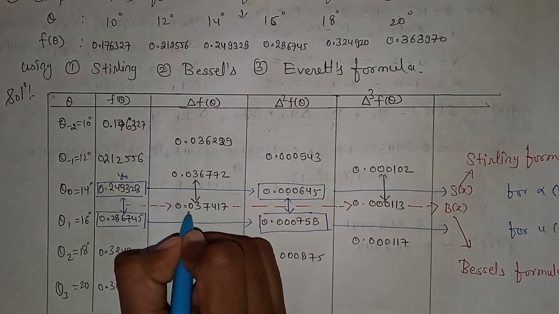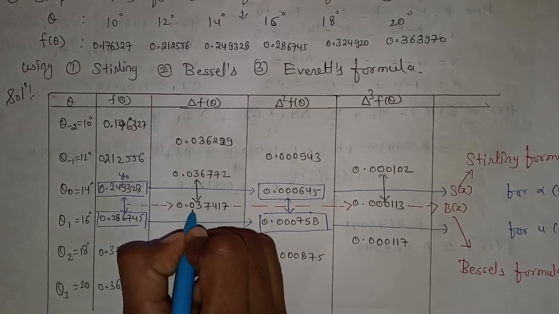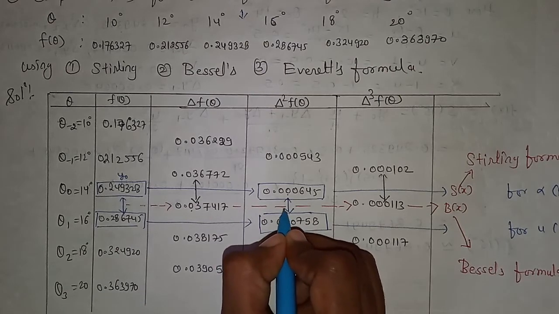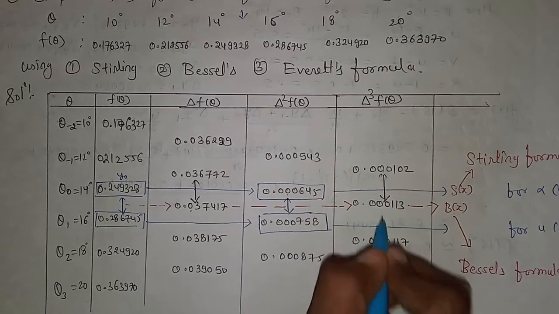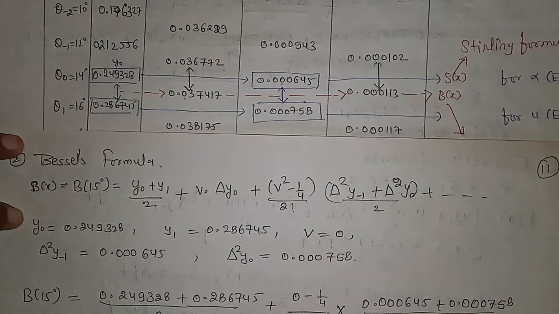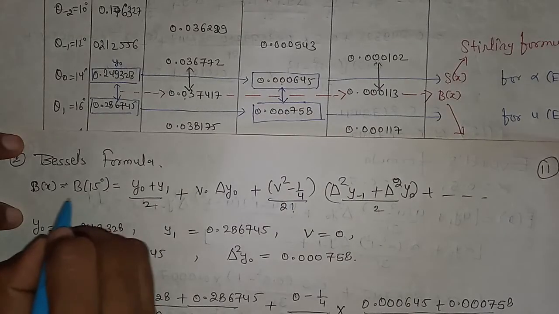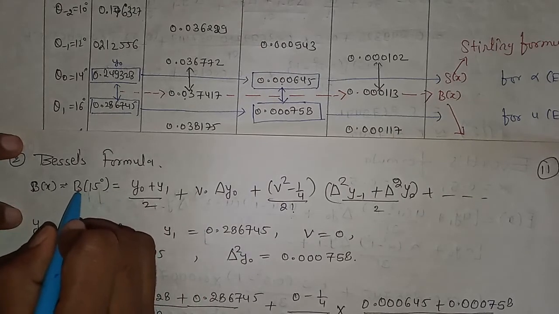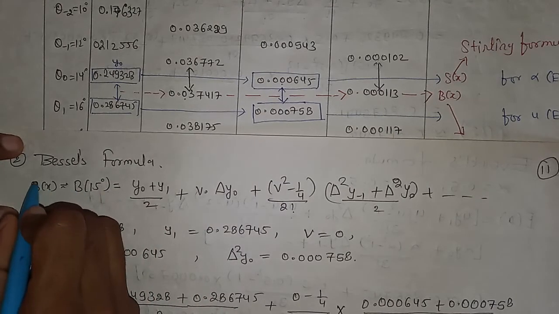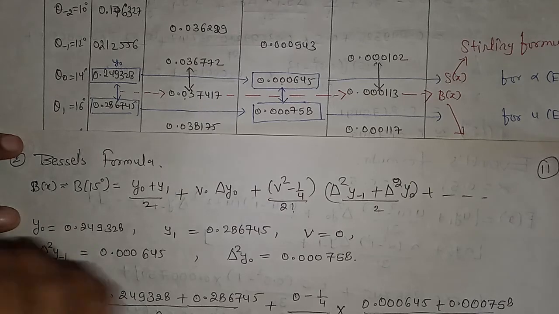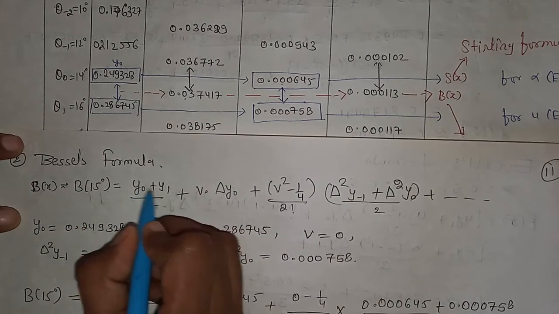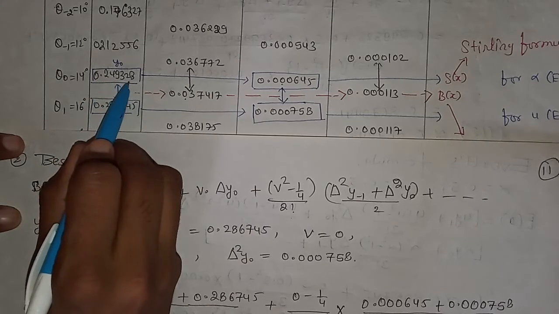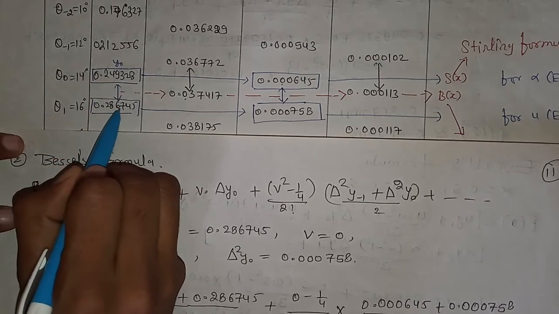So according to that, this will be your first difference. Then here adding these two and dividing by 2, this is our third difference. So here we have b 15 degree equal to, for Bessel we write b 15 degree, or you can write f of 15 also, there is no issue. The first value is y naught plus y1 divided by 2. Here y naught is 0.249328 and y1 is 0.286745.